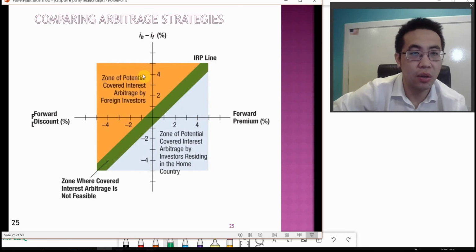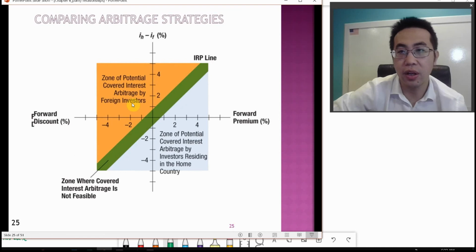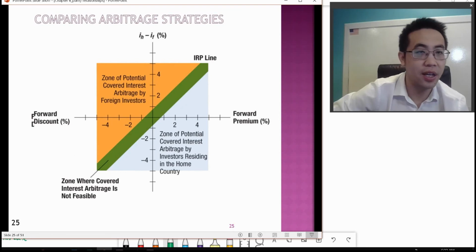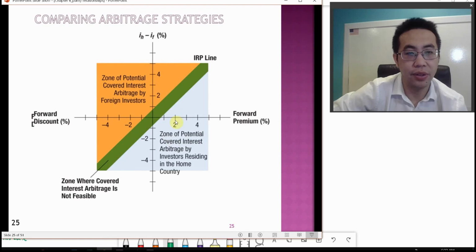Okay, so what is above the interest rate parity line? That's a zone for foreign investors to conduct covered interest arbitrage. They would invest their money in our home. And if it's below the line, then we will invest in foreign countries in our covered interest arbitrage. If it is around the line, this is an equilibrium area.